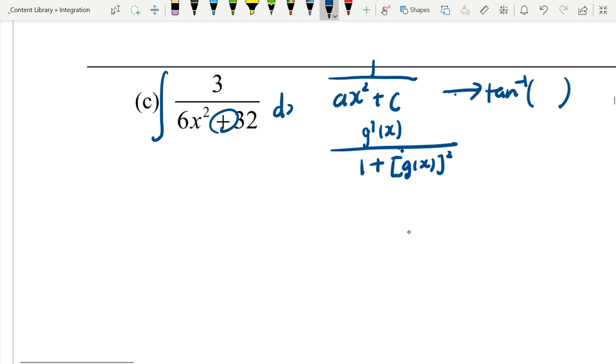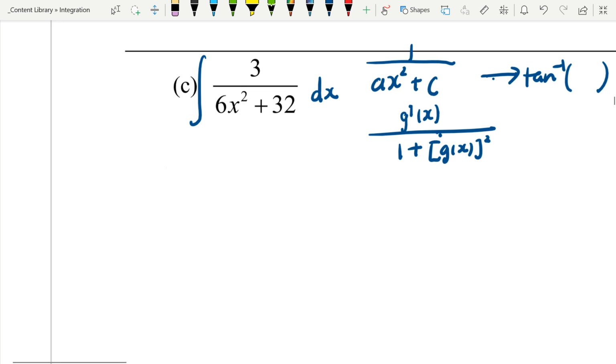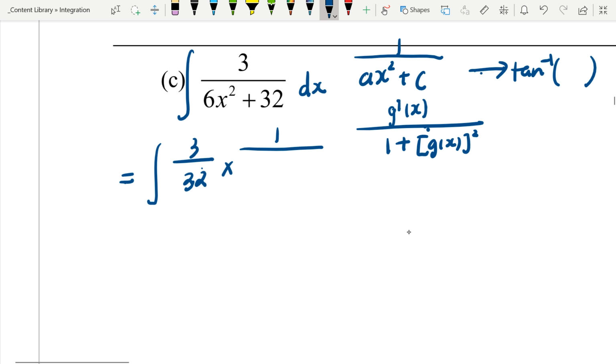So if I go in antidiff of that, okay, first of all, I have the 32 up first because I need this 1. Okay, I need that 1. So times with 1 over, if I take 32 as a common factor, that's 1 plus 6 over 32 x squared.